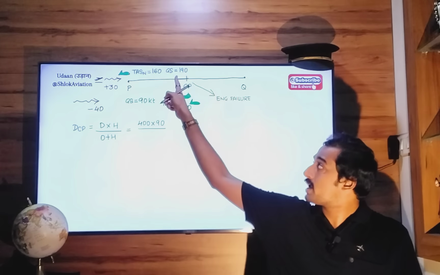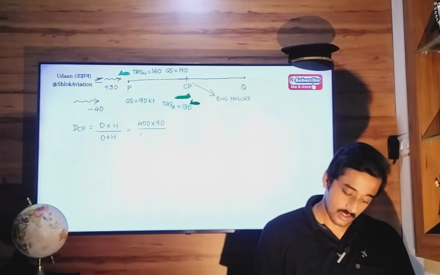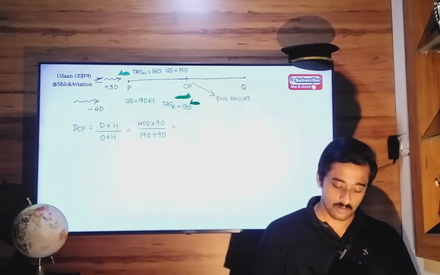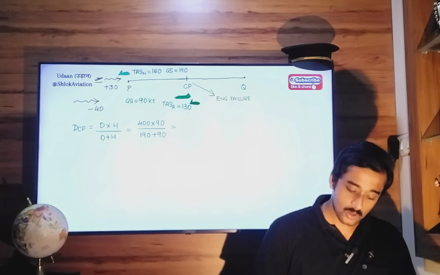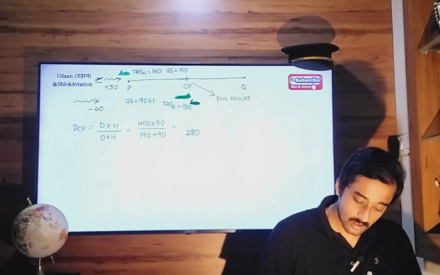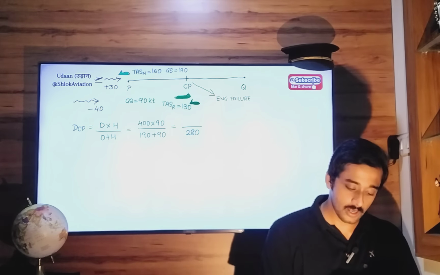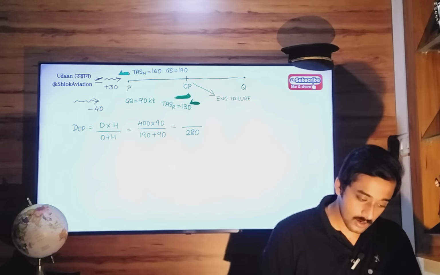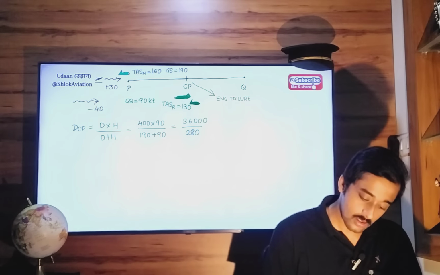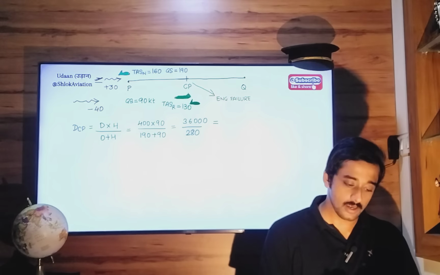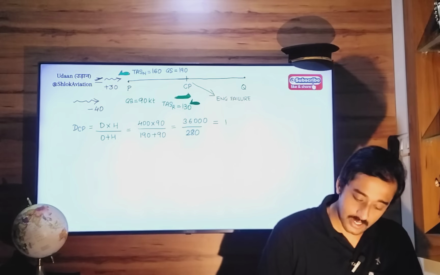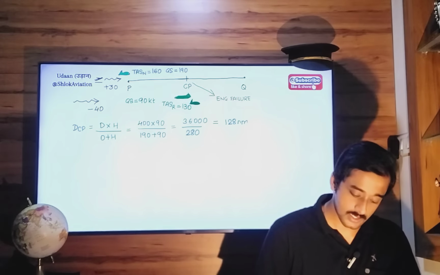Outbound speed is 190, plus 90, 280. 400 into 90, 36,000, divided by 280 is 128 nautical miles.